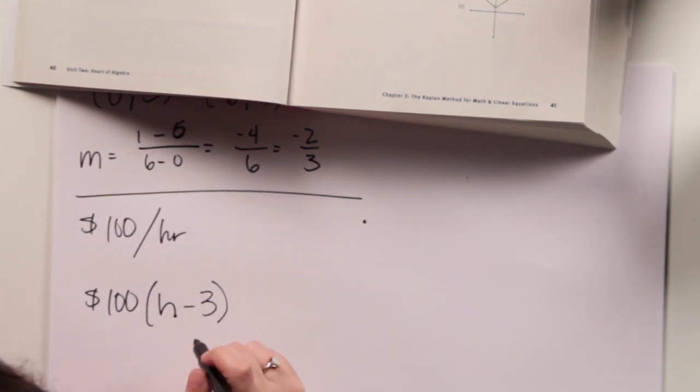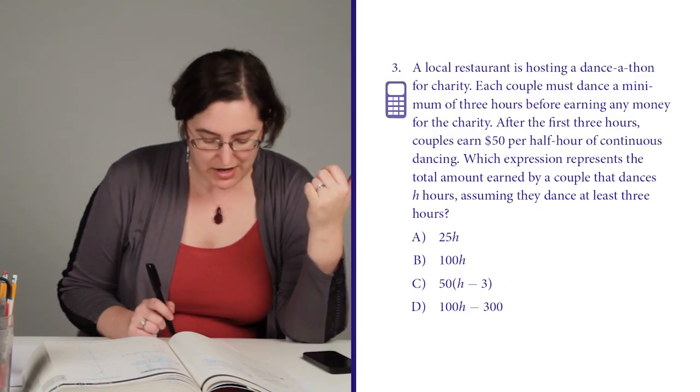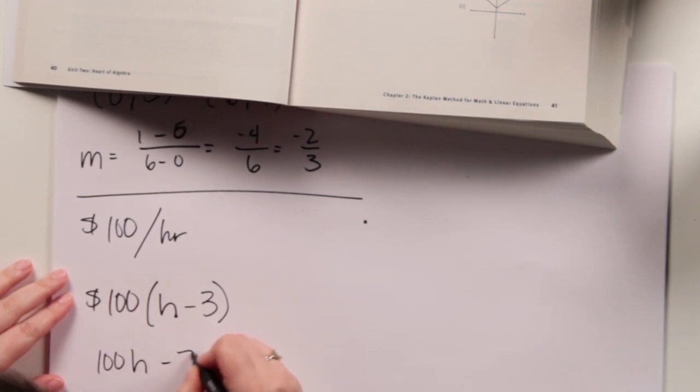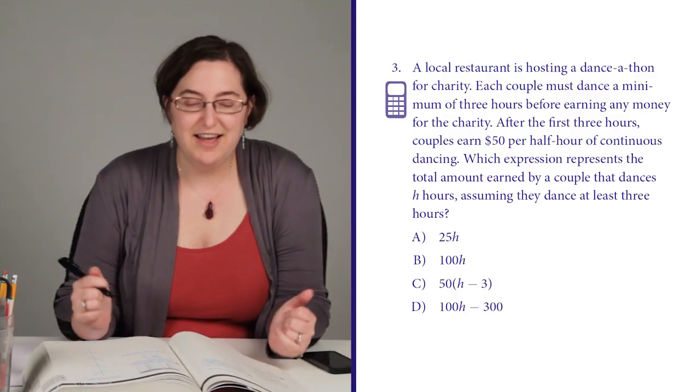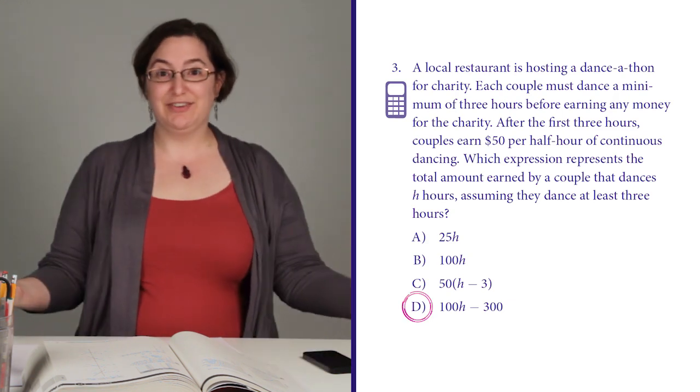Now this doesn't quite match any of my answer choices, but if I distribute that 100 through, 100H minus 300, that does match answer choice D. So there I go. That was fun, right?